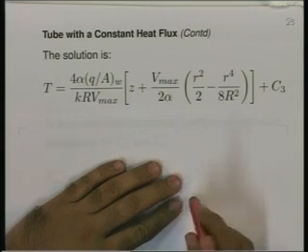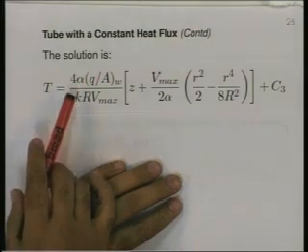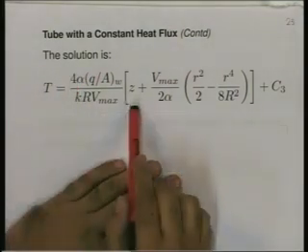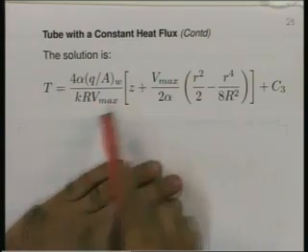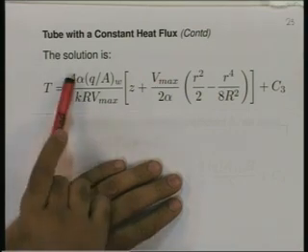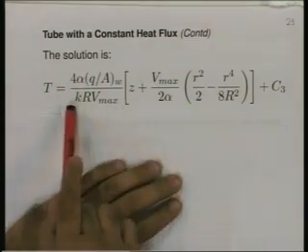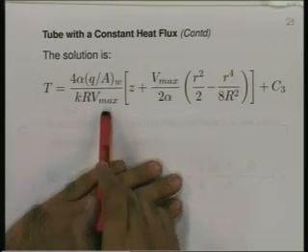You will notice that since alpha equals k by rho Cp, the term containing z does not really depend on k, because alpha also contains a k in it. So, this term will be independent of the conductivity, but it will depend on Cp, it will depend on Vmax.